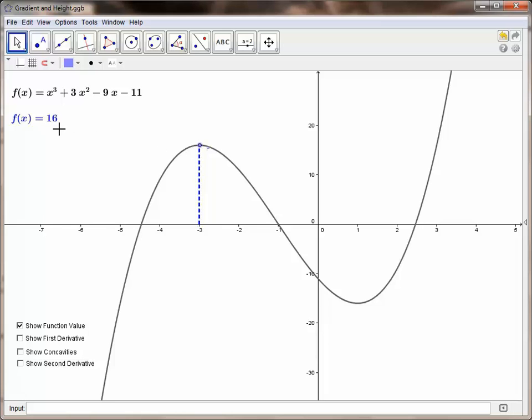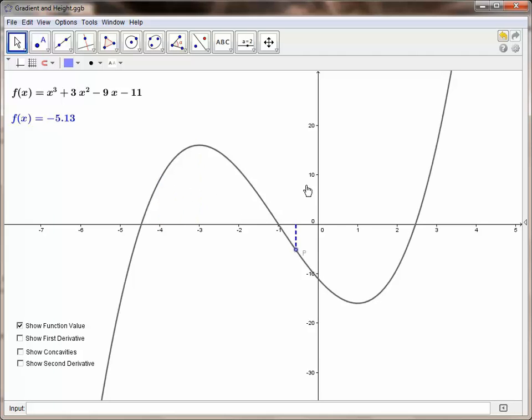Now, if I look at how that result from that substitution relates to where I am in the graph, I can notice a few things. All around this area, we notice that the number that I get out is positive. And this is indicating that the point P is above the x-axis. It's a positive value.